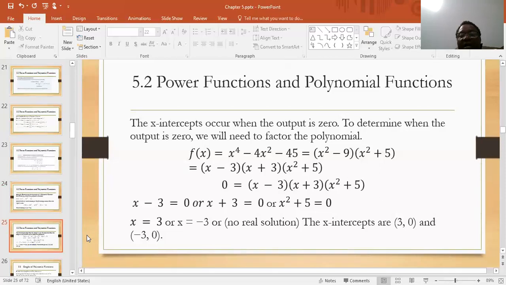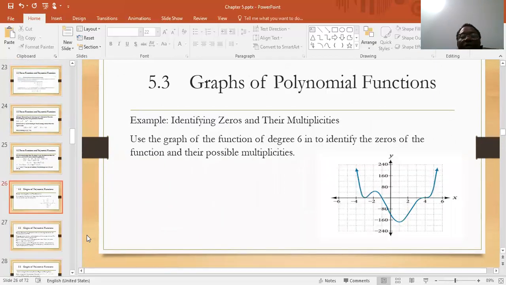The function becomes 0 at x equals 3 and negative 3. x squared plus 5 cannot be 0, so those are the only zeros of the polynomial. The x-intercepts are (3, 0) and (negative 3, 0). So we have two x-intercepts.